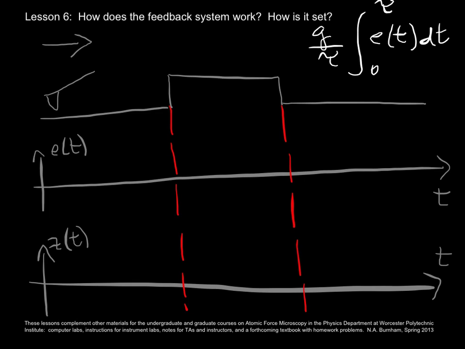And so what happens is, if we assume that the photodiode voltage is equal to the set point voltage when we start off, and that the scanner is in the middle of its range at 0, it can go up and down, positive and negative, then when photodiode signal equals set point signal, the error is 0, nothing happens.